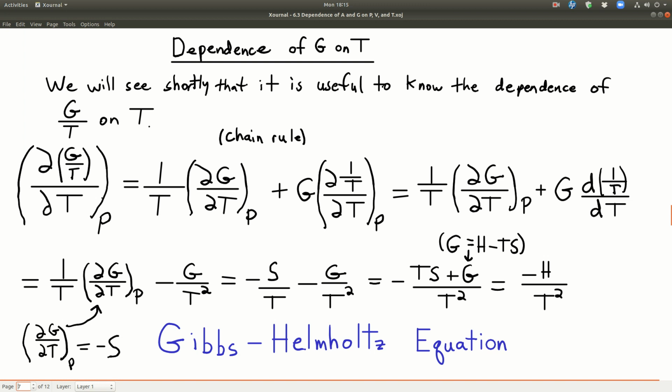We pull the 1 over T out front: 1 over T times partial G partial T at constant P, plus we pull the G out: G times partial of 1 over T partial T at constant P. That's kind of cool because in the second term there's just temperature, so we can make this an exact differential, d(1/T) over dT.